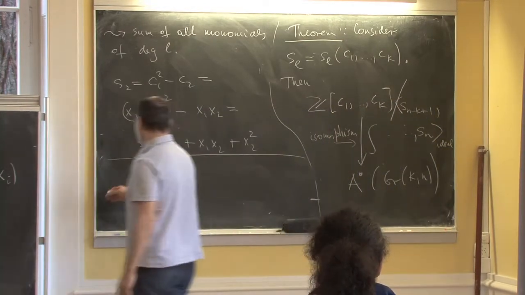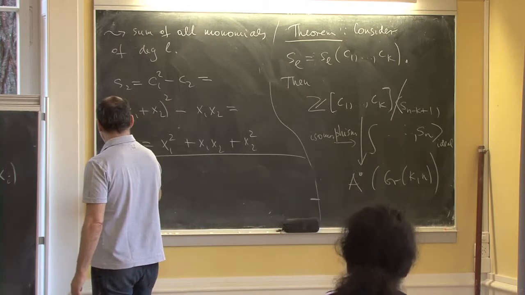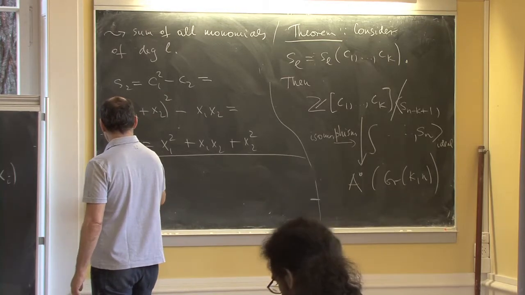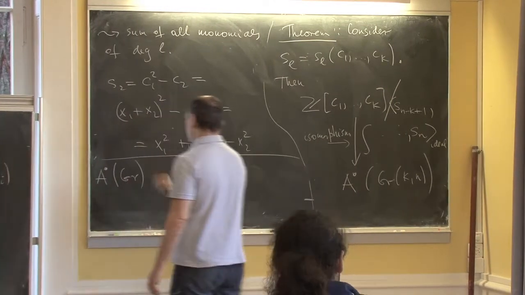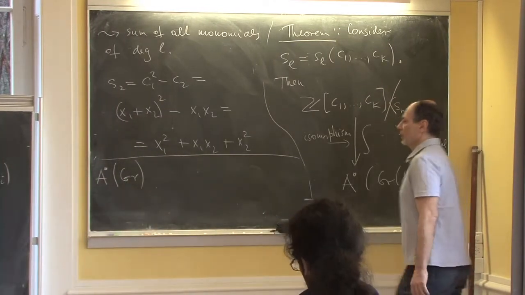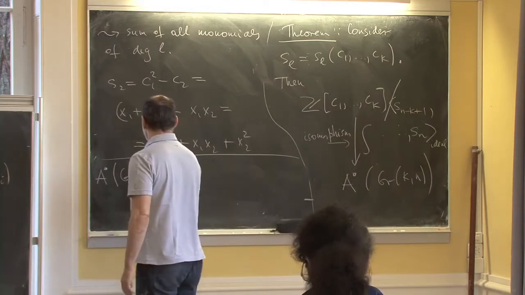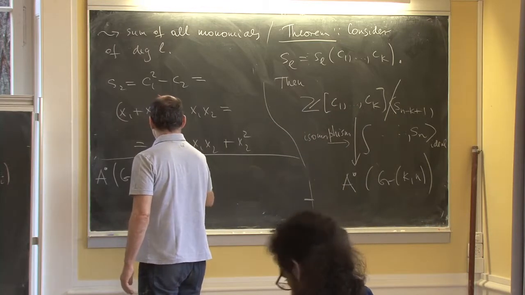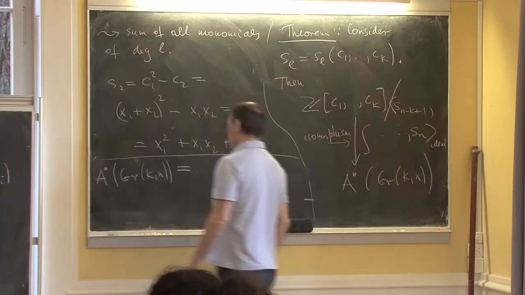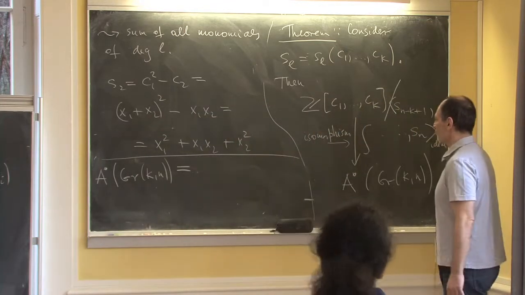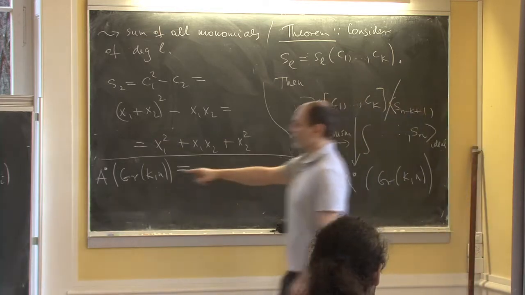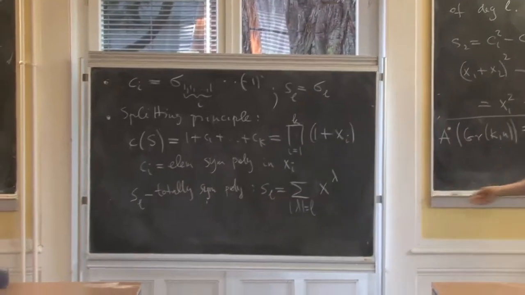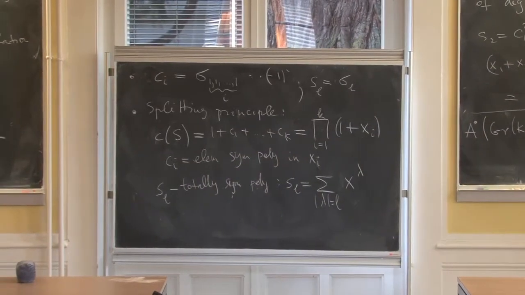You can write now that the cohomology of the Grassmannian, the Chow ring and the cohomology being the same thing, can be expressed in the following fashion. Instead of this, I write everything in terms of the x variables, since they are the same, but now the polynomials are symmetric. So I can write it in the following way.